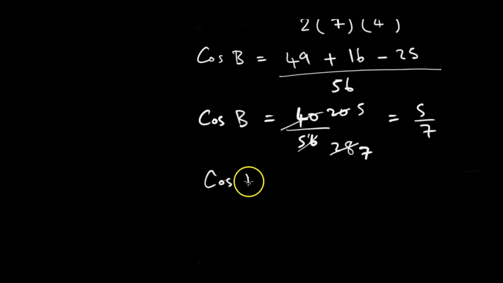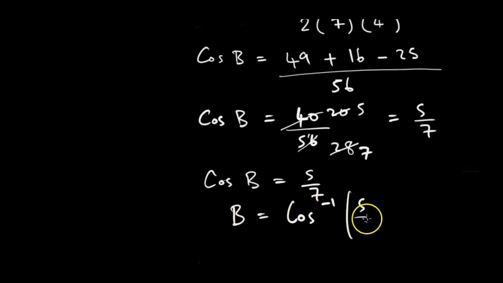So since cos b is equal to 5 over 7, when we find b, we take the arc cos of 5 over 7, which then is equal to what? So shift cos and enter it as a fraction, 5 over 7.